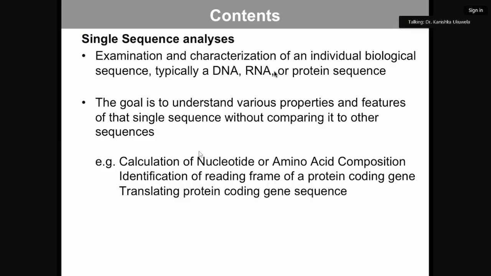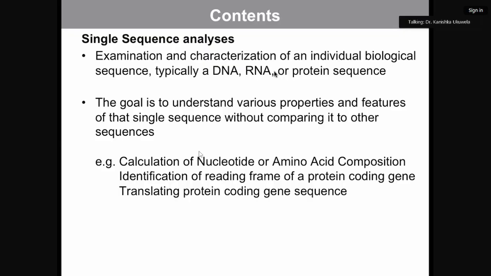It also involves the identification of the reading frame. If it's a protein coding gene, you need to look at the reading frame, right? So what do I mean by reading frame? You might end up with a sequence of a protein coding gene, but you don't know whether the first position is the first nucleotide of that gene, or whether the second nucleotide is the first nucleotide of the gene.